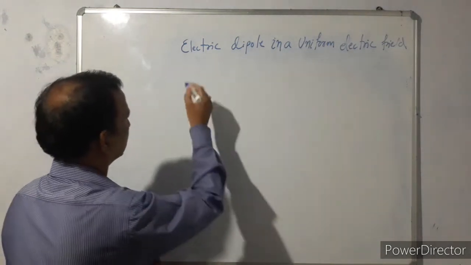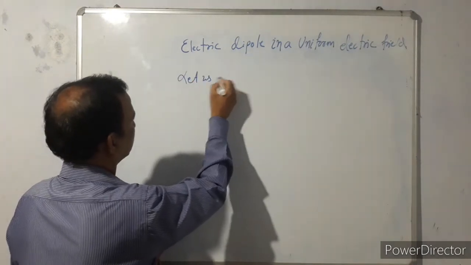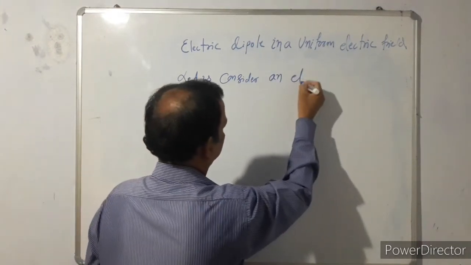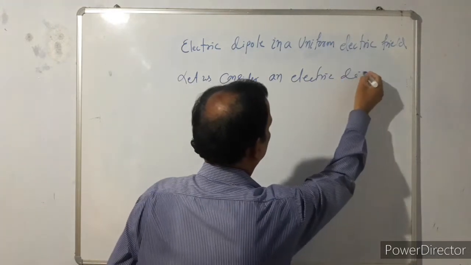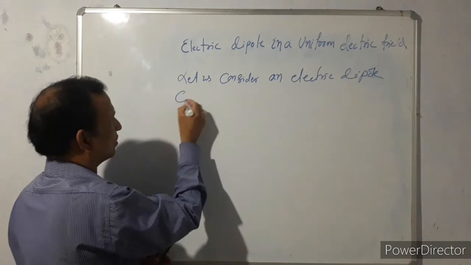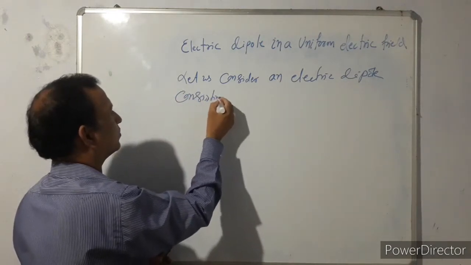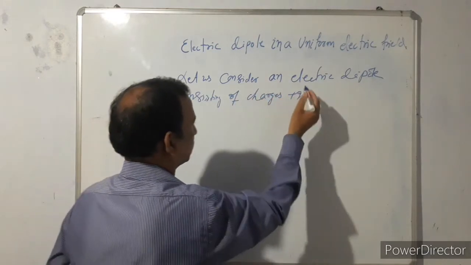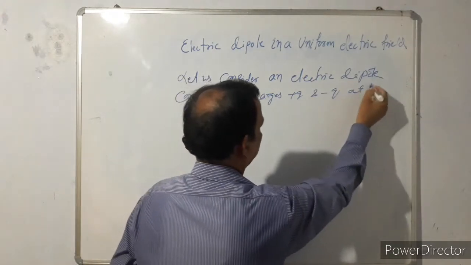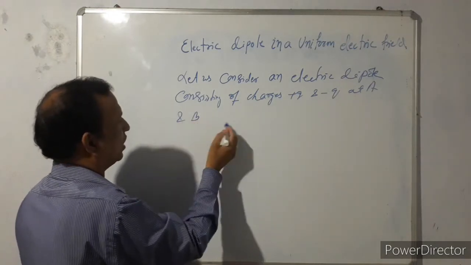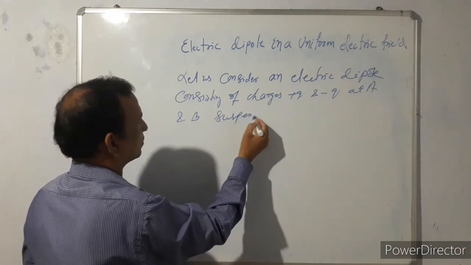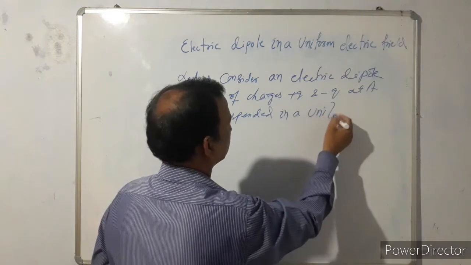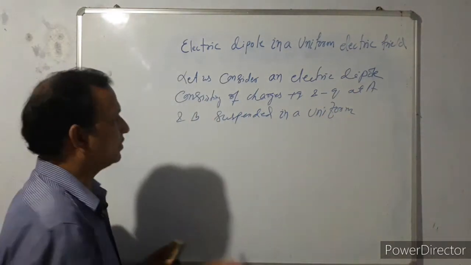So let us consider an electric dipole consisting of charges plus q and minus q at A and B, which is suspended in a uniform electric field.